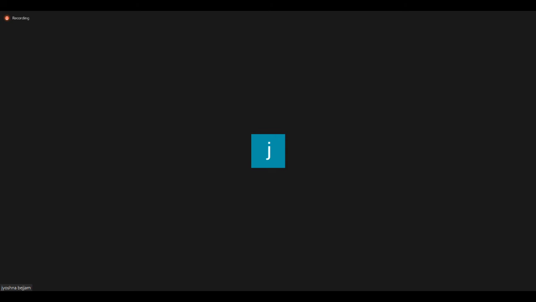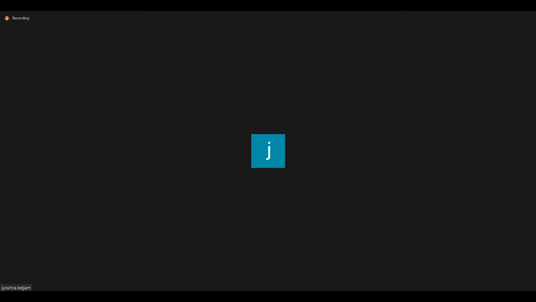Where is the program? There are so many windows open, that is the reason the program is not showing. Wait a moment, I will remove some of them.